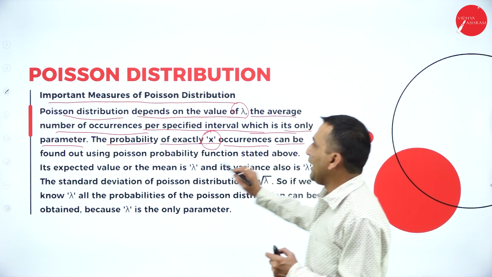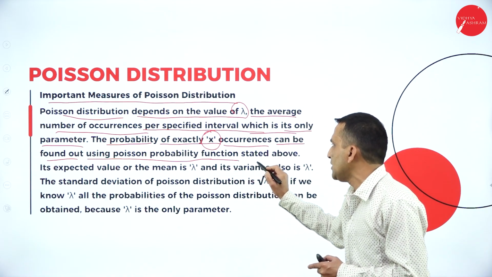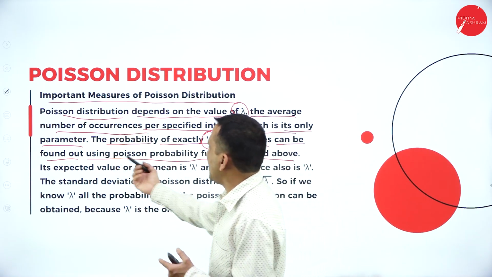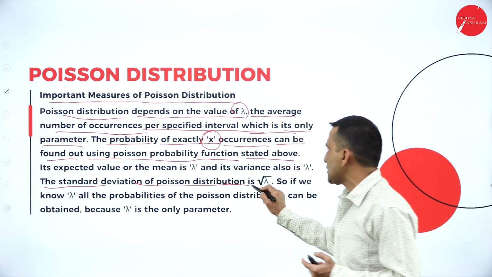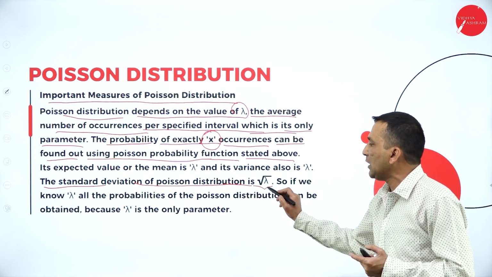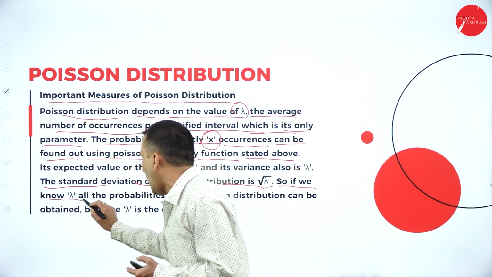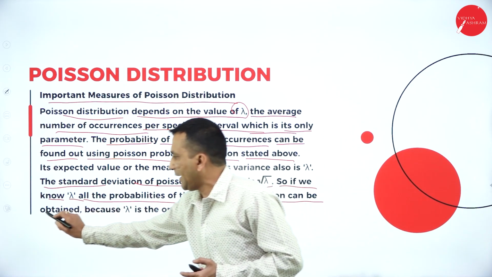This can be found using the Poisson probability function stated in the previous definition, the probability mass function. The standard deviation of the Poisson distribution is always the square root of lambda. If we know lambda, all the probabilities of the Poisson distribution can be obtained.